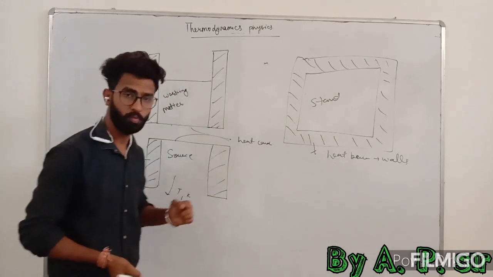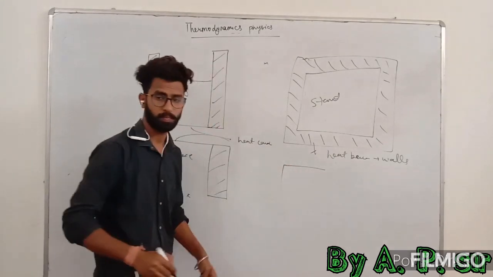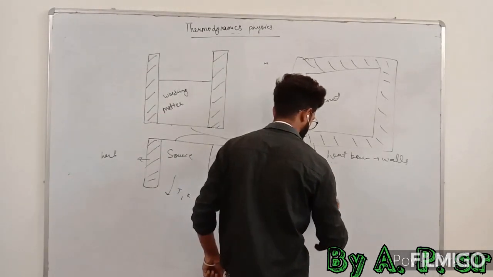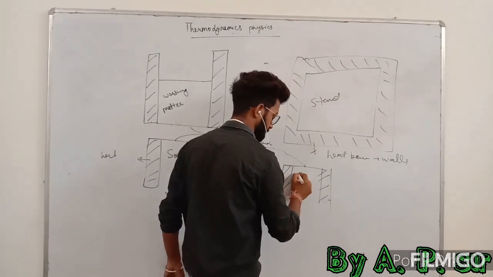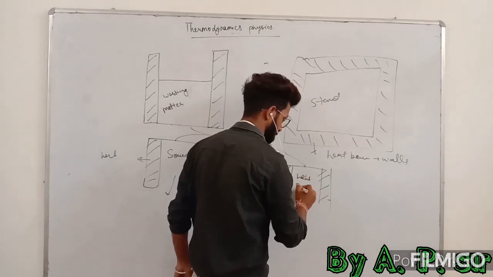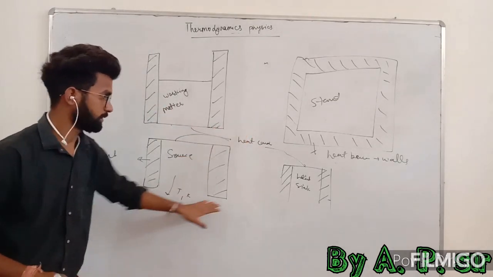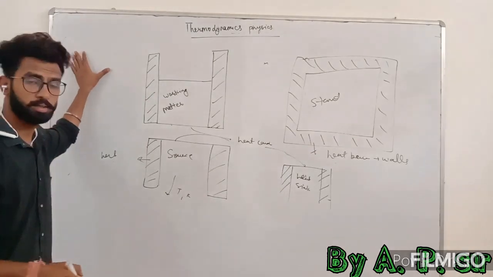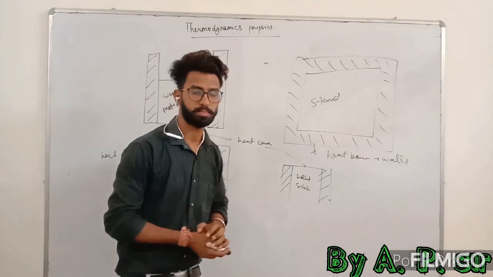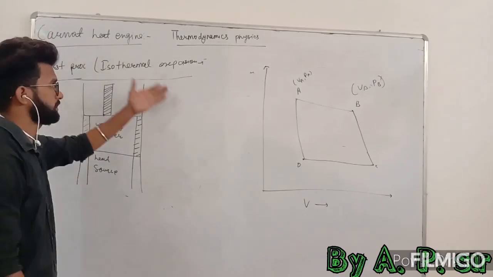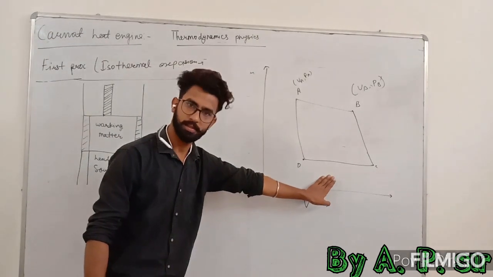Next, we have the last part, heat sink. These are the four parts of the Carnot engine. We discuss the Carnot engine by four processes, and the four processes we discuss by this graph.